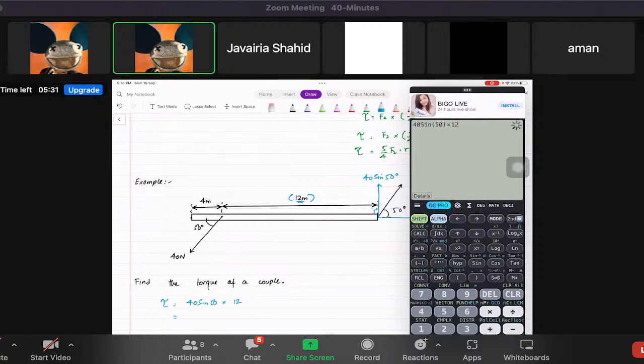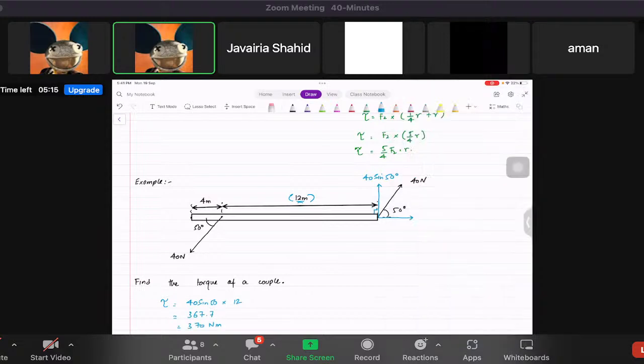This calculator is going slow. Okay, 367.7, which is approximately equal to 370 Newton meter would be the answer. Any questions, please let me know.